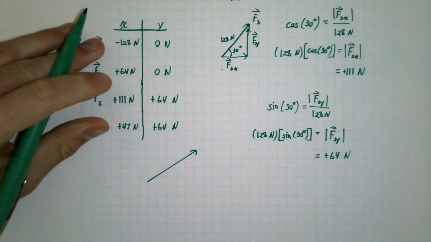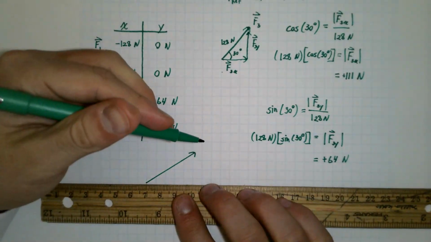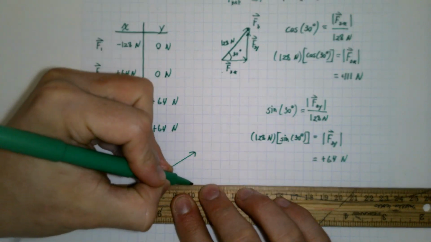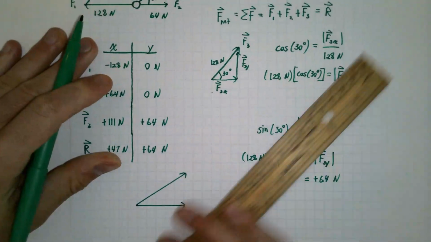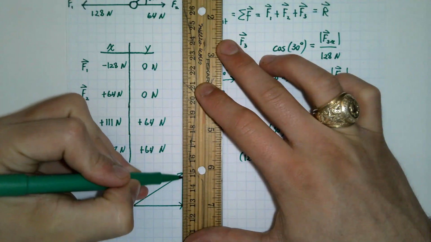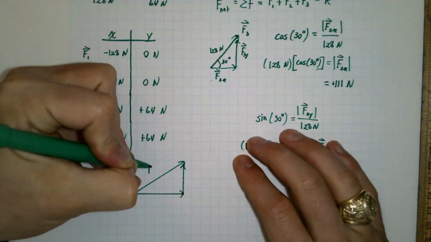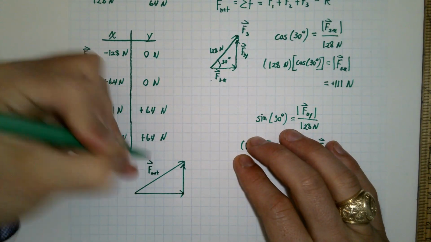Okay, there's our net force to the right and up, where, because it's in two dimensions, it can be split into two components. Because it's not just to the right or just up and down, it can be split into two components. This is our net force.